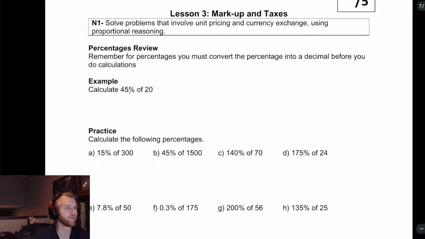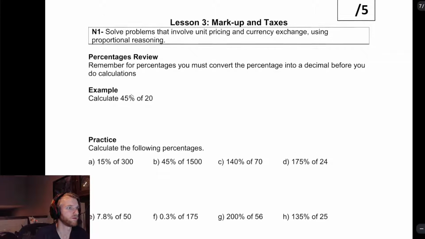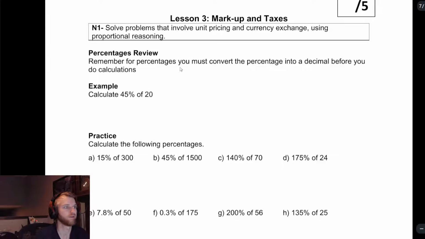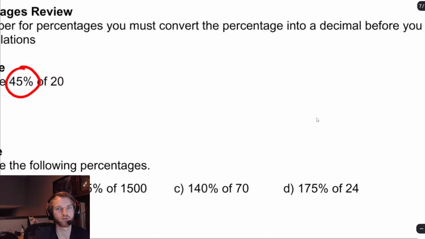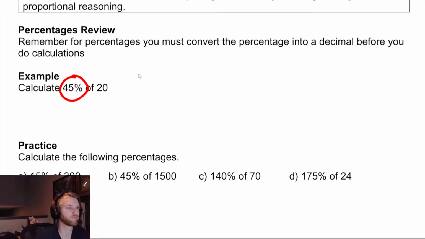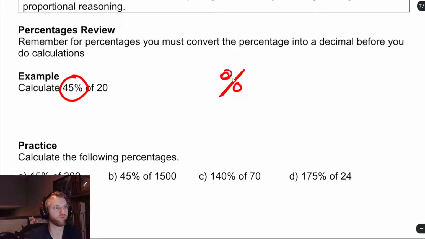But anyways, how do you do this on a calculator? On your calculator, you need to use 45%, but not in this form. Remember that percent means per 100. Cent means 100. There's a good reminder in this symbol: we have a slash here for division, and we have 2 zeros for 100.